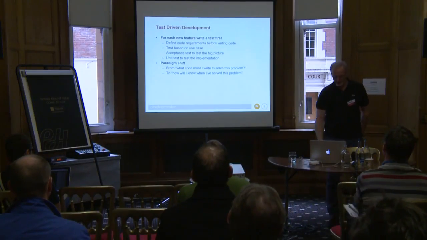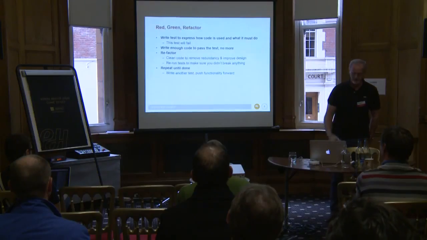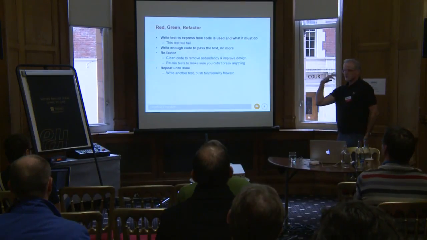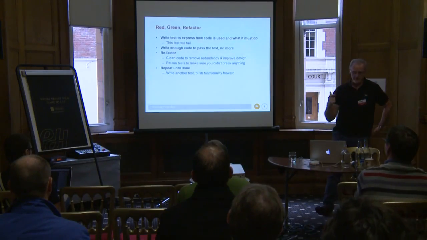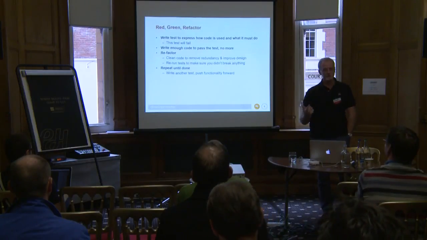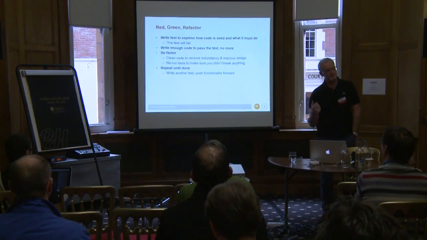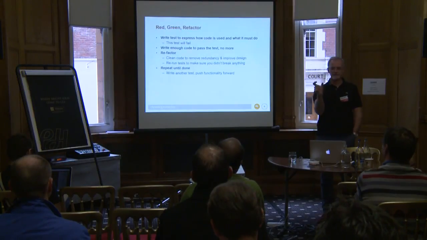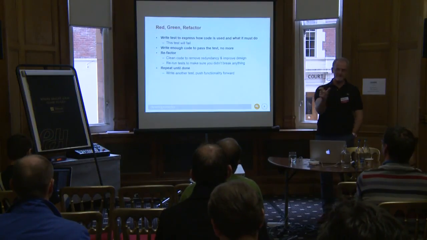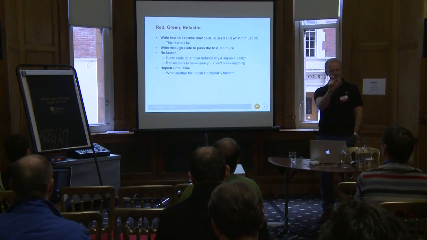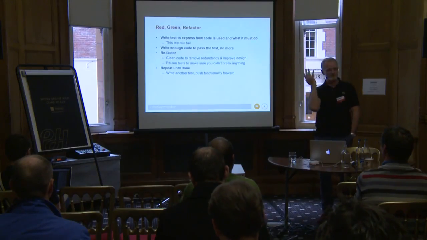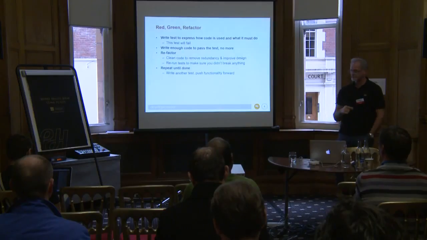So the idea is the tests drive what the code is. I'm sure you have come across this concept of red-green refactor. You write the test, the tests fail. Most test runners, when they fail, turn something red, either the text output saying your tests have failed, or the status bar saying tests have failed, or something that indicates that. So red means failure.